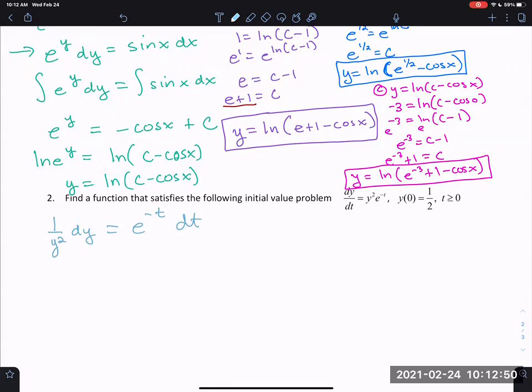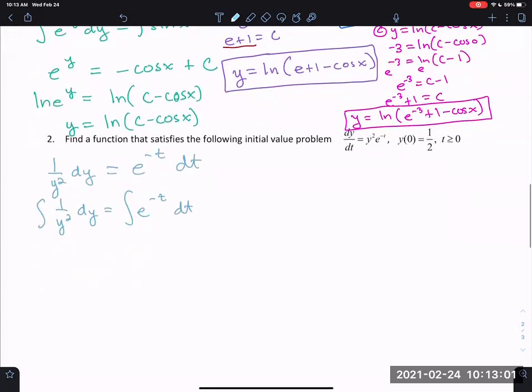Now, when I take the antiderivative of both sides, showing my proper notation, I will end up with, I'm going to go right side first, negative e to the negative t plus c, right? That's that. And then 1 over y squared, remember, is y to the negative 2. So this would be negative y to the negative 1. Okay.